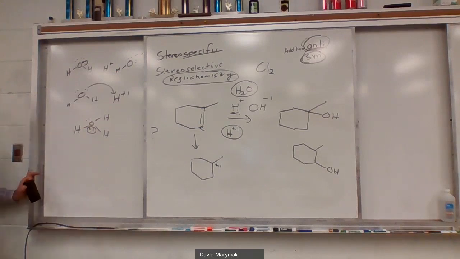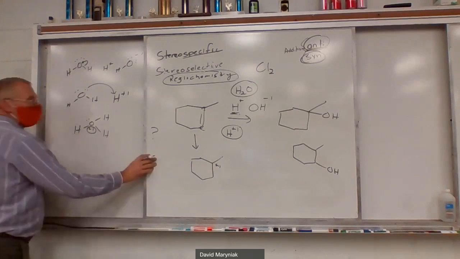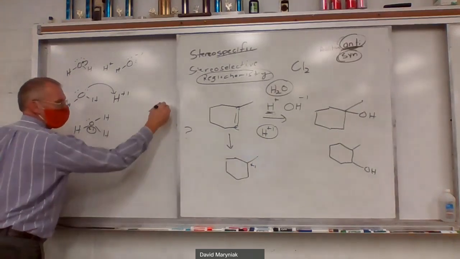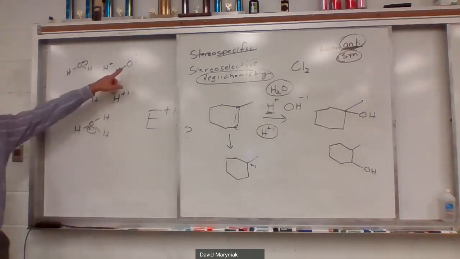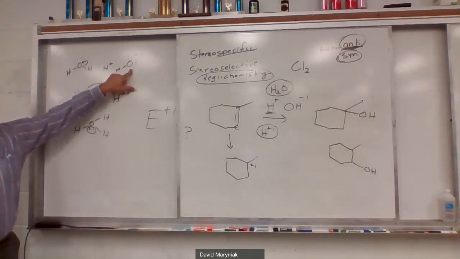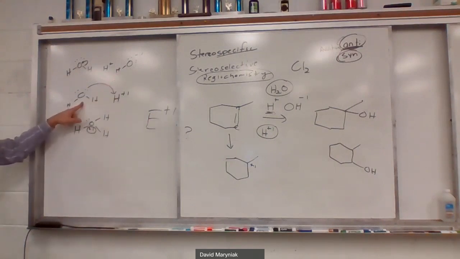If I go with which of these is the most electrophilic, so if you want to find an electrophile, think positive, would you choose this for an electrophile? This, this, and this.